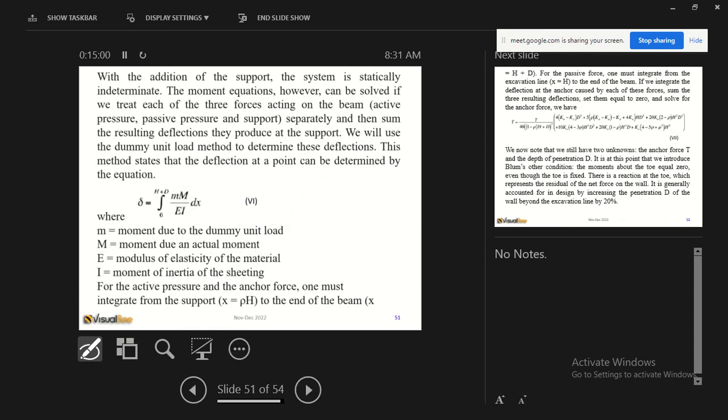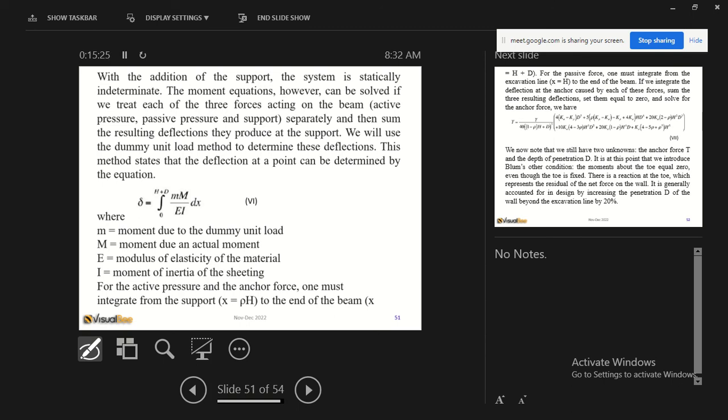With the addition of the support, the system is statically indeterminate. The moment equations, however, can be solved if we treat each of these three forces acting on the beam separately: active pressure, passive pressure, and the support or anchor force, and then sum the resulting deflections they produce at the support.